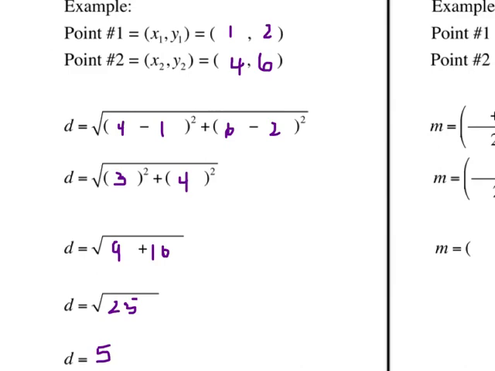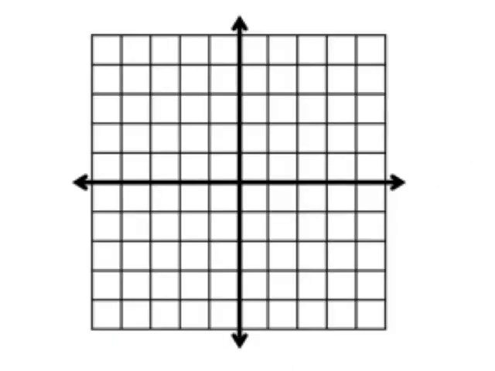And then we're going to graph that. If we graph the point (1, 2), it'll be right in there. And if we graph the point (4, 6), that's 1, 2, 3, 4, and 1, 2, 3, 4, 5, 6. That's what that should be. It's a little off, but that's what our line would look like.